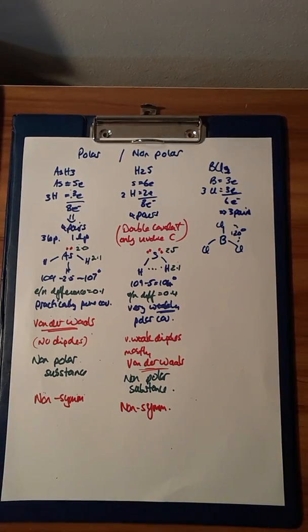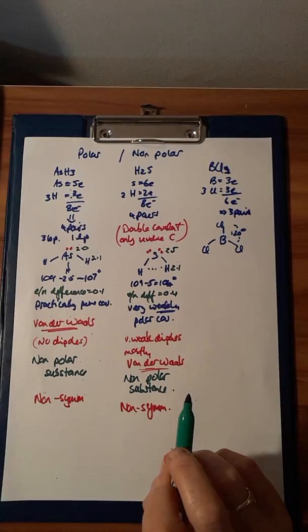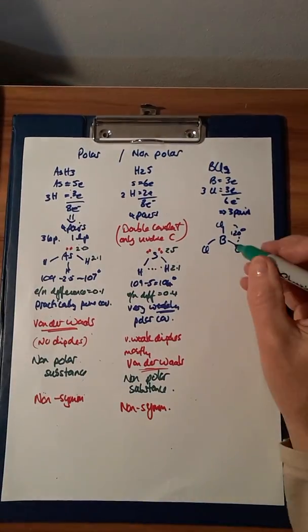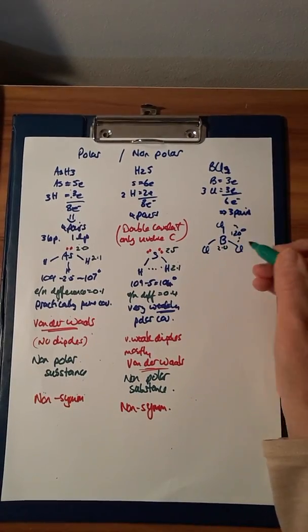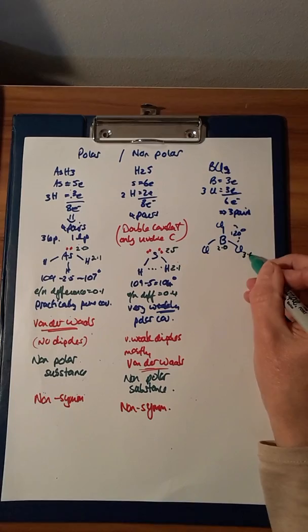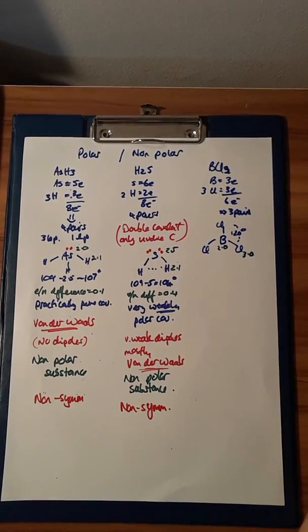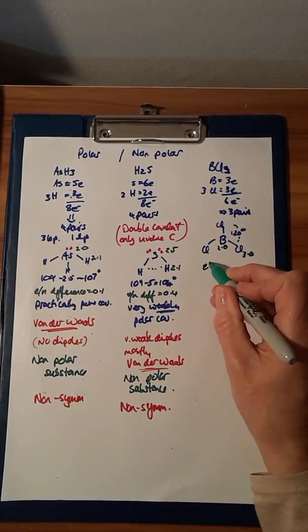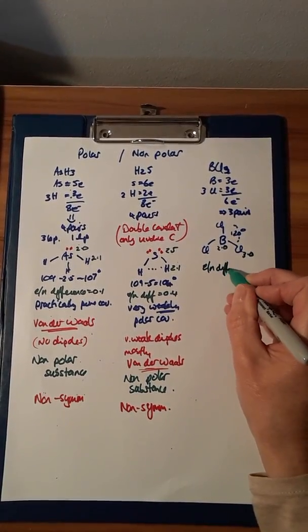Now, let's have a look at the electronegativity difference. Boron's electronegativity, if I look at my electronegativity table, is 2. Chlorine is stronger. It has an electronegativity of 3. So that means the electronegativity difference is 1.